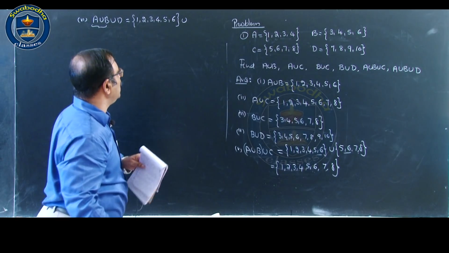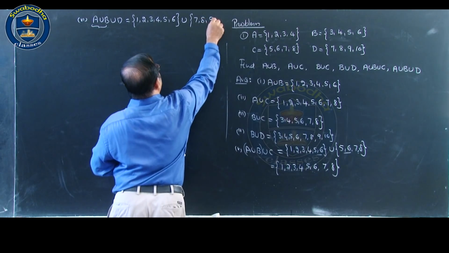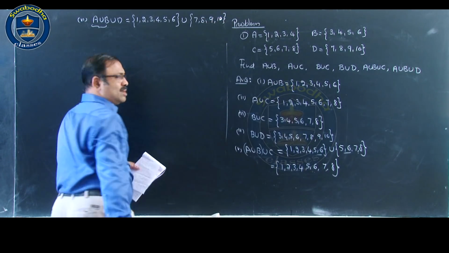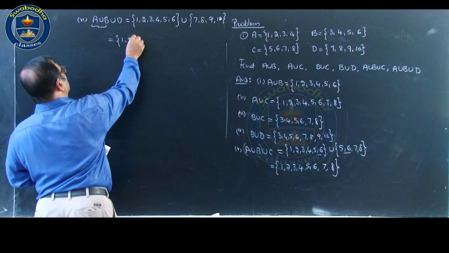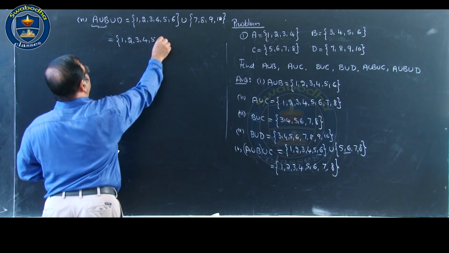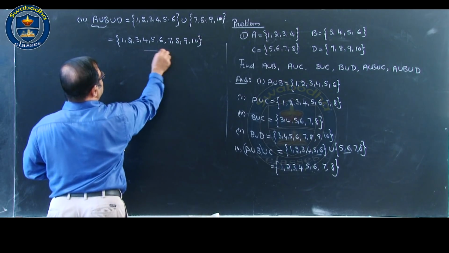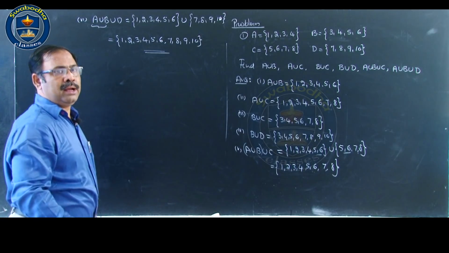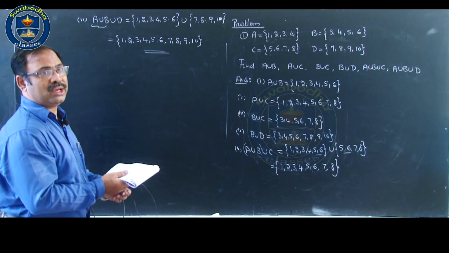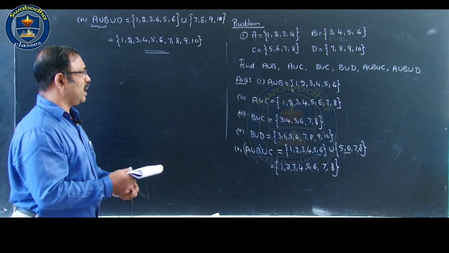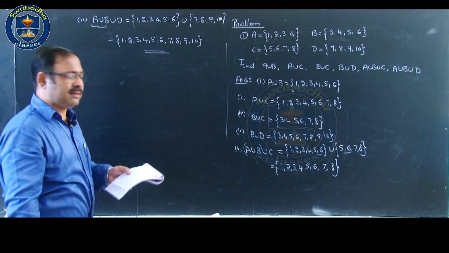D is equal to 7 8 9 10. So what do you get now? That is nothing but 1 2 3 4 5 6 7 8 9 10. So this is A union B union D. Okay, so have you followed this operation union?